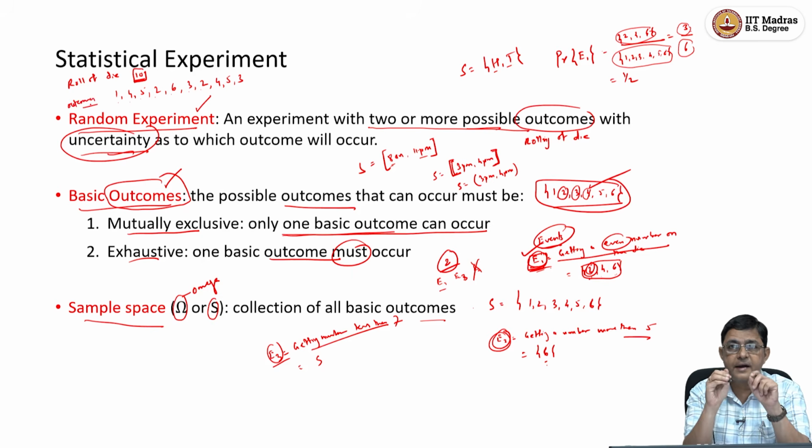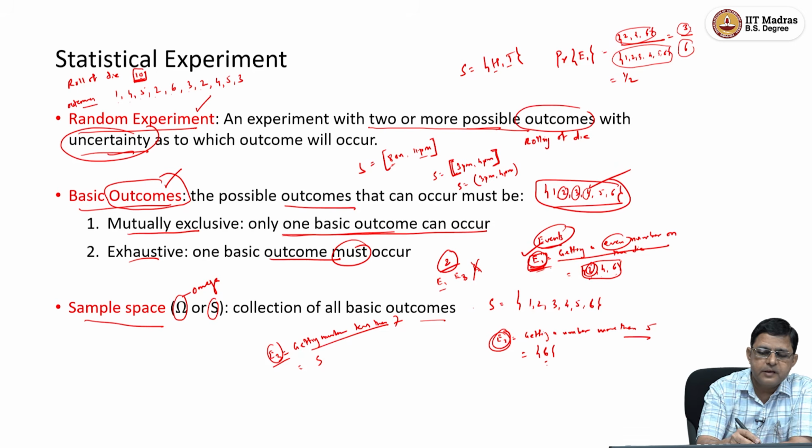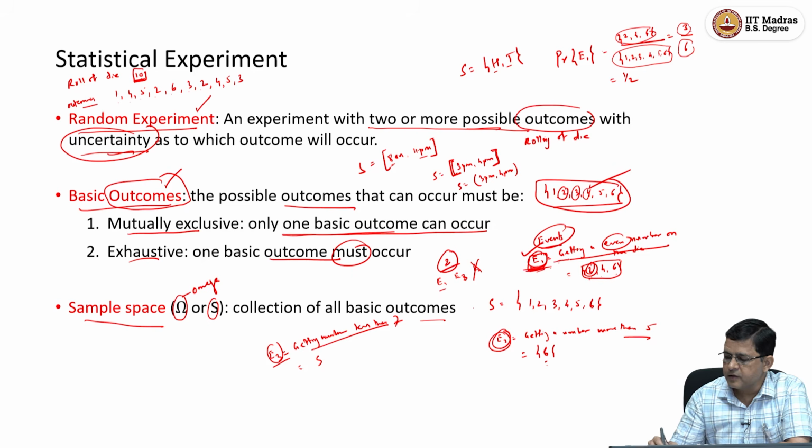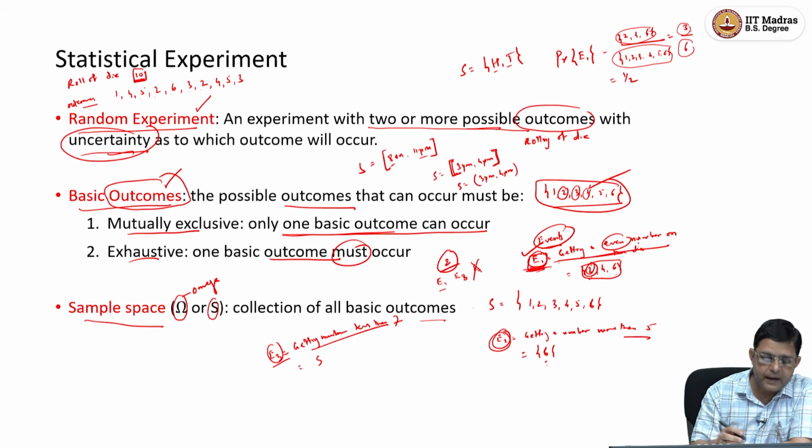I actually conducted this experiment, rolling the die physically. Now out of these 10, I count how many times event E1 has happened. What is event E1? Getting an even number, getting an even outcome. When did I get an even outcome? This was even, this was even, this was even, this was even, this was even.